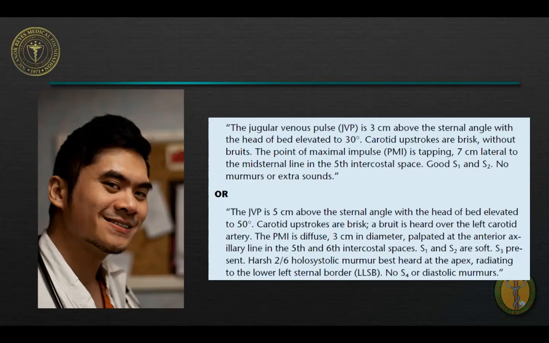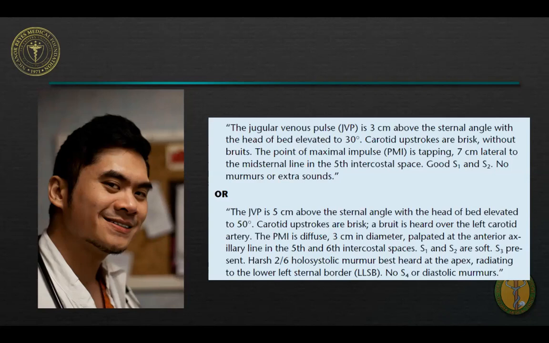Another write-up for a cardiovascular PE would be, for example, the JVP is 5 cm above the sternal angle with the head of bed elevated to 50 degrees. Carotid upstrokes are brisk. A bruit is heard over the left carotid artery. The point of maximal impulse is diffuse, 3 cm in diameter, palpated at the anterior axillary line in the fifth and sixth intercostal space.